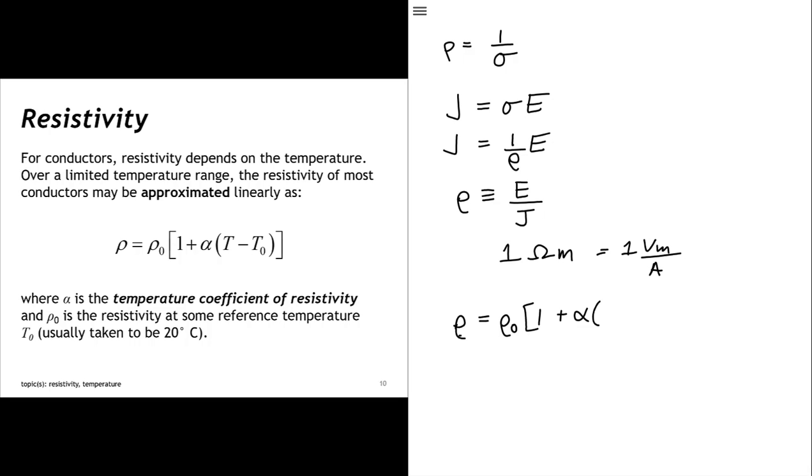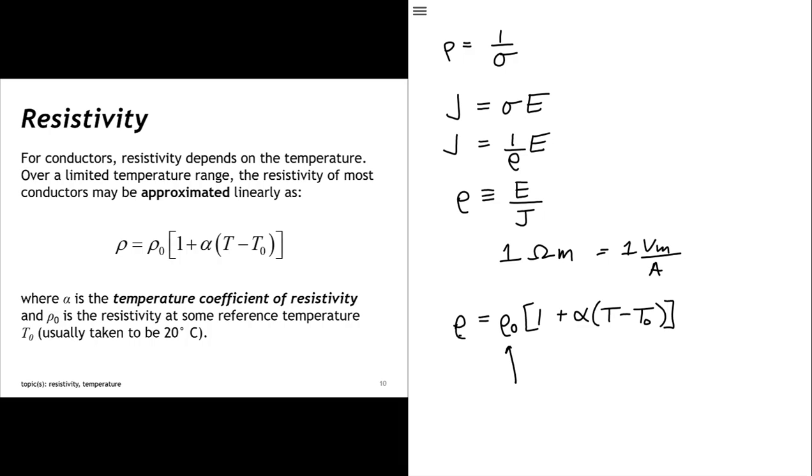That temperature coefficient of resistivity is a property of the material. And that coefficient multiplied by the temperature at which we find our resistor minus our reference temperature, again typically taken to be 20 degrees, gives us our temperature dependence for resistivity for conductors.